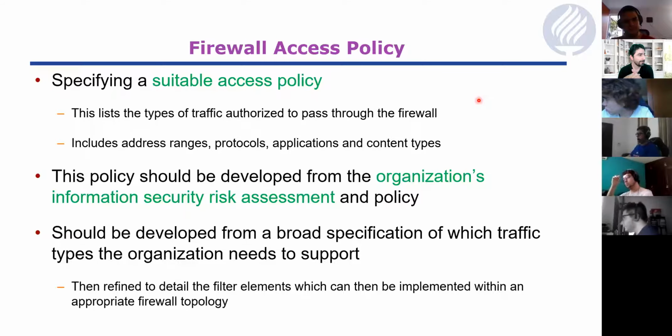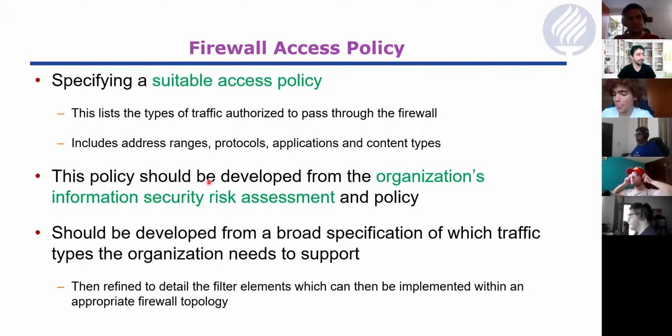So this can list basically the type of traffic authorized to pass through the firewall, including address ranges, certain IP ranges, depending again on what sort of requirements a network has. You may want to include a certain IP range, certain protocols only, certain applications or certain content types to pass through your firewalls.